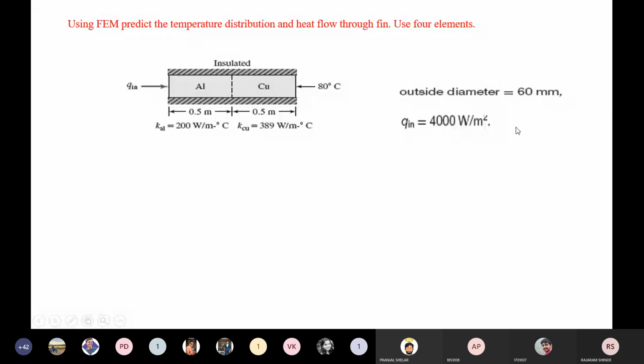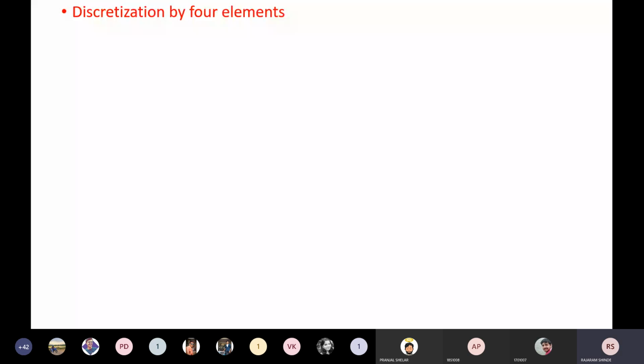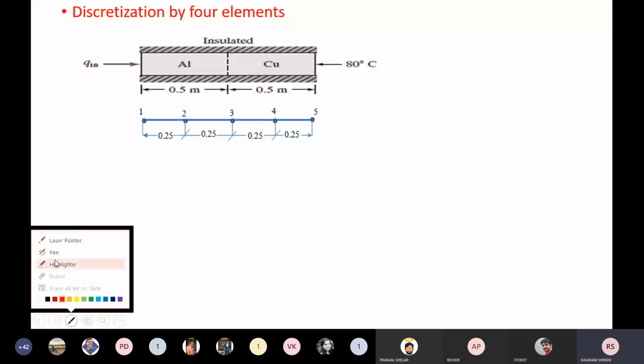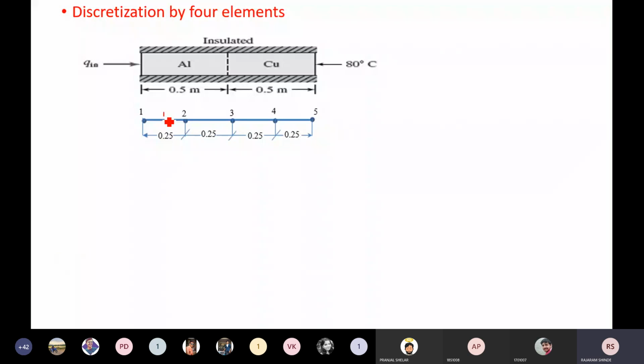Now first we have to discretize it. Discretization of the problem by using 4 elements. You see here you have element number 1, this is element number 2, this is element number 3, this is element number 4. Now from here to here you have aluminum, and from the third node to the fifth node you have copper.